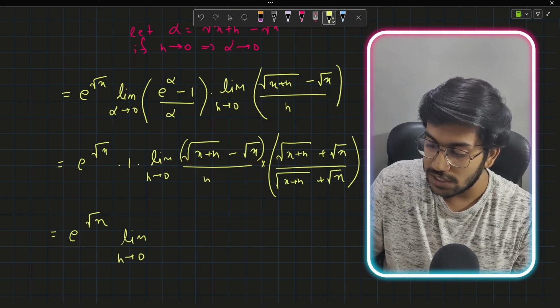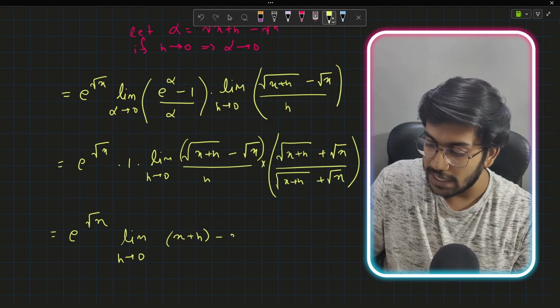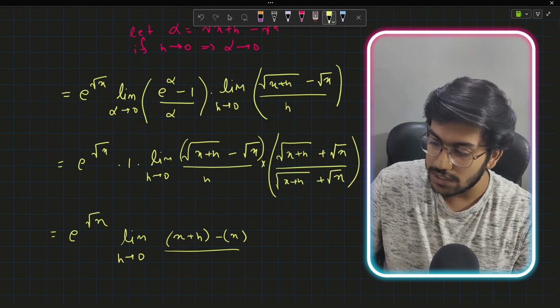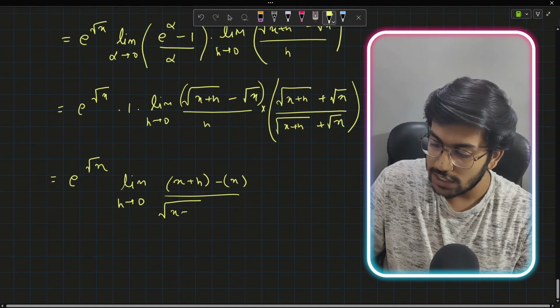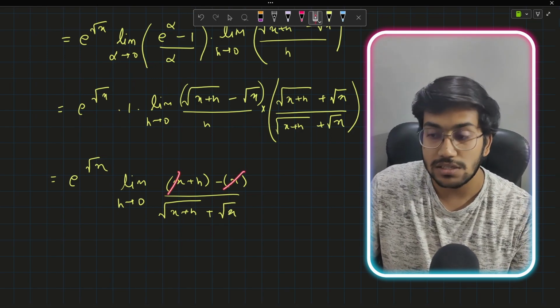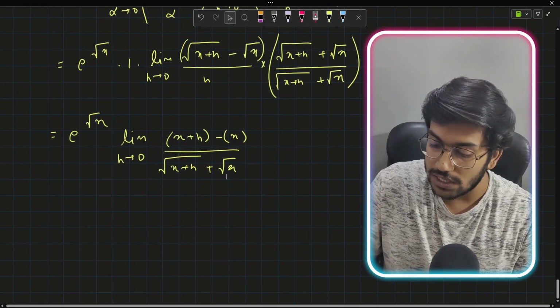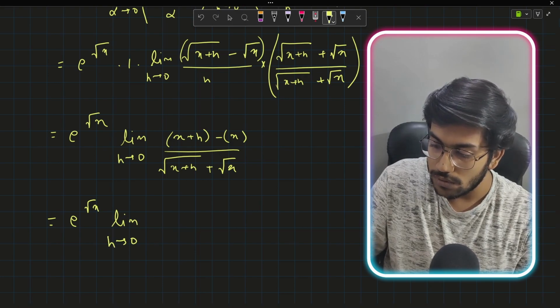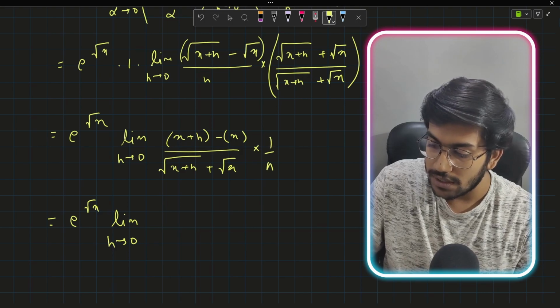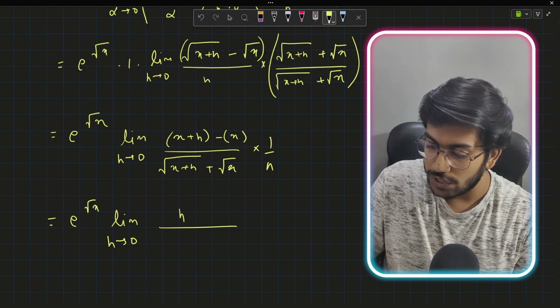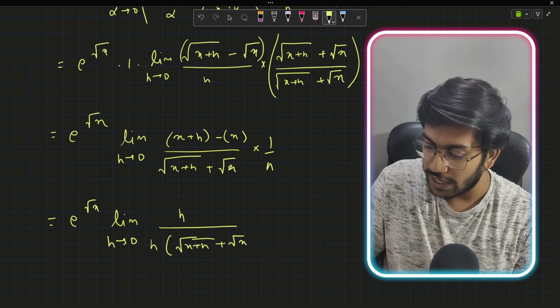So this gives us x plus h minus x over this expression, that is root x plus h plus root of x. Now if you see, this x cancels this x, so what we are left with is e to the power root of x, limit h tends to 0, and yeah, we forgot this h, right? So this becomes h over h times root of x plus h plus root of x.